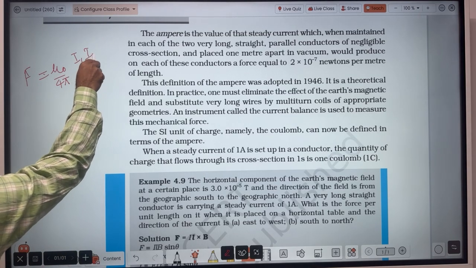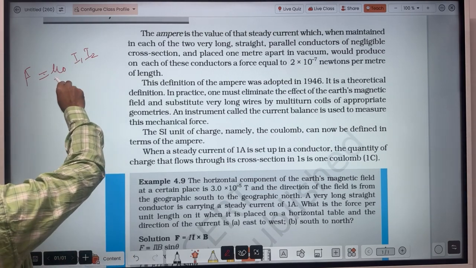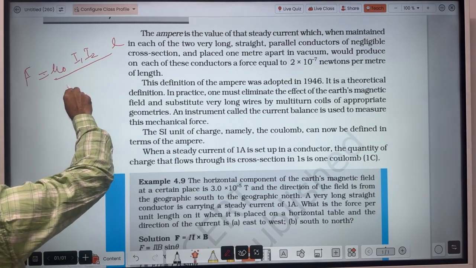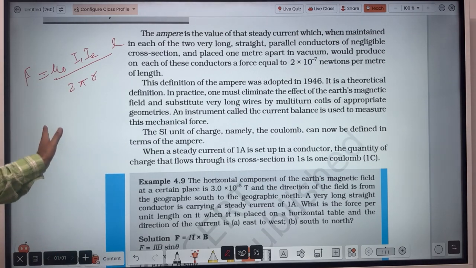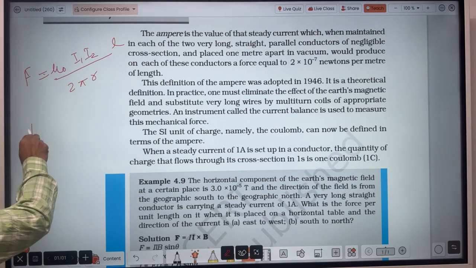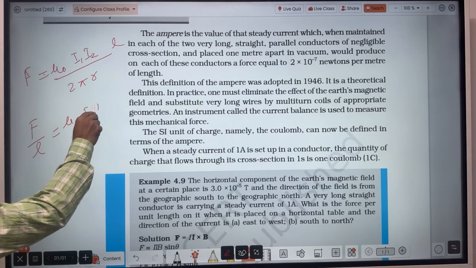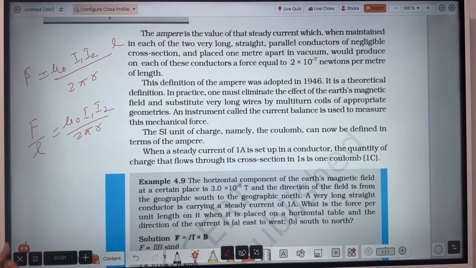It was mu naught I1 I2, divided by 2 pi R. Here you can write length if you wish. In our case it was 2 pi D, correct? And if you find F upon L, it will be mu naught I1 I2 divided by 2 pi R.